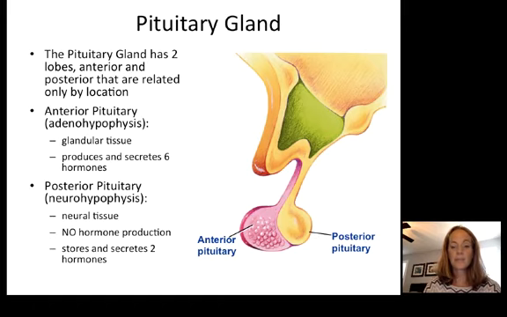The anterior pituitary is glandular, and it's also called the adenohypophysis. It produces and secretes 6 different hormones. The posterior pituitary is actually mostly neural tissue, and it doesn't produce any hormones, but it can store and release hormones.